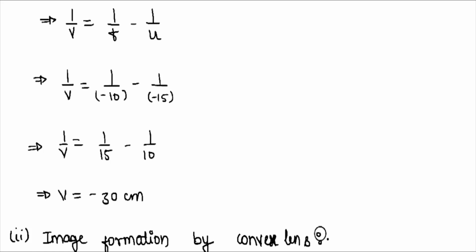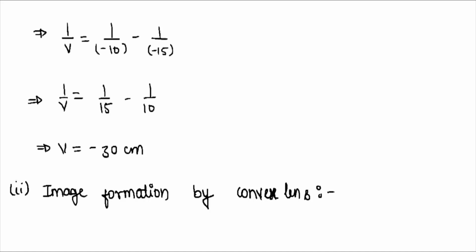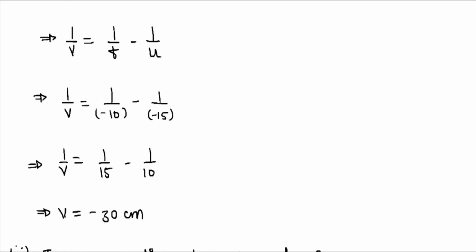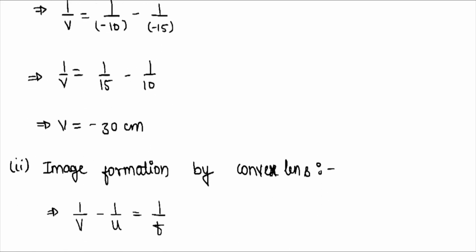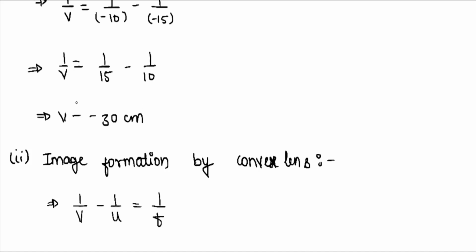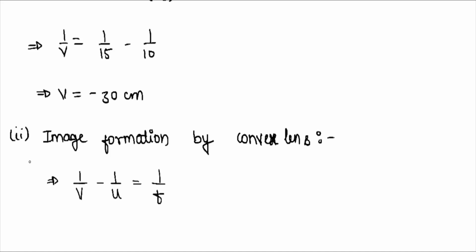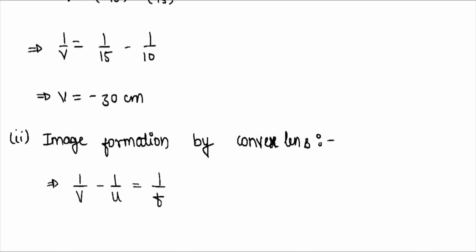Now we write the formula: 1 by v minus 1 by u is equal to 1 by f. Now our u and f are given. u will be the image in the first part. So first we find the distance of the object from the convex lens.